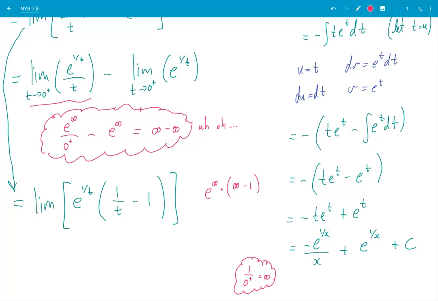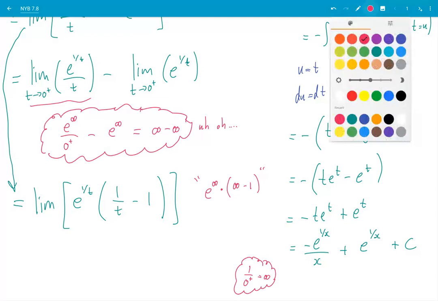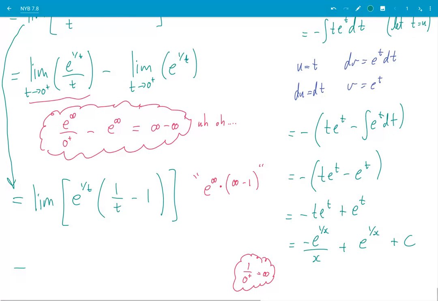Okay, so this is not an indeterminate form. These two pieces are working together, and they're both pulling me towards infinity. I hope you had fun.